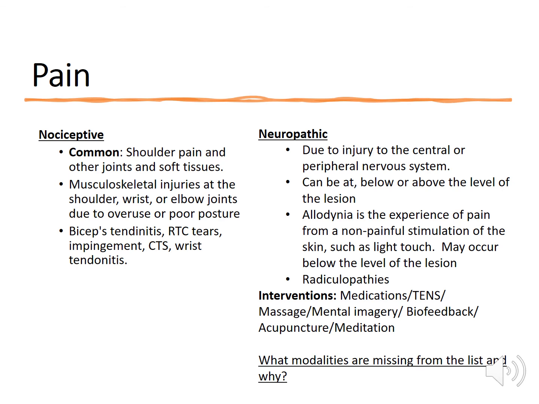So as you can see here, some modalities are missing, and it's obviously going to be our heating modalities, because the neuropathic pain is typically caused by injury to the central or peripheral nervous system, so we don't want to put any type of heating modalities in this area.